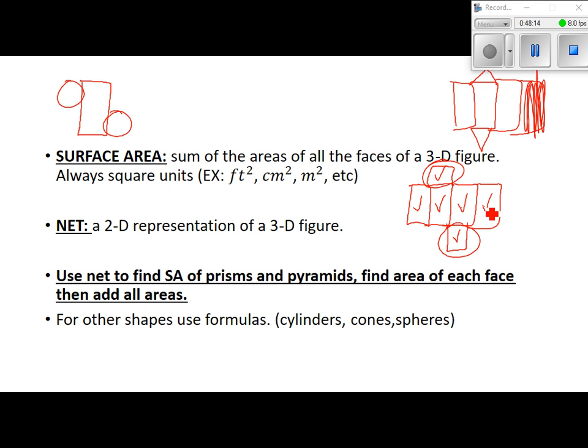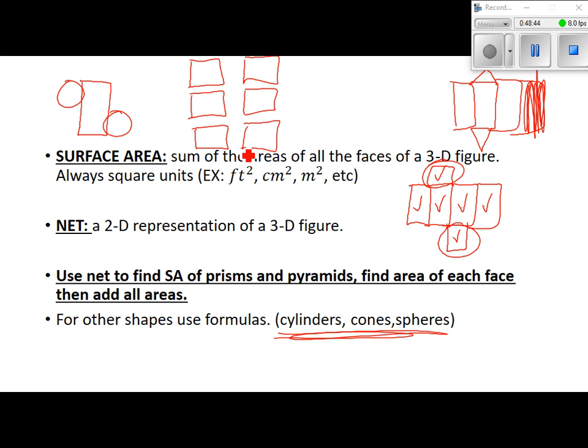Cylinders, cones, and spheres, anything that's got those rounded parts in them, we have to use the formulas. And we're going to go over those formulas in a minute. But my suggestion to you, if I'm given this shape right here and I want to find the surface area, how many faces does it have? 1, 2, 3, 4, 5, 6.